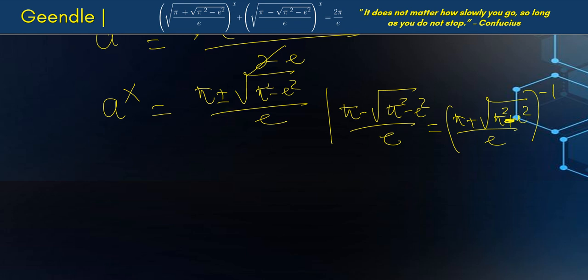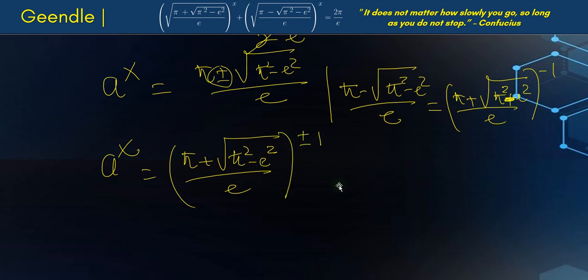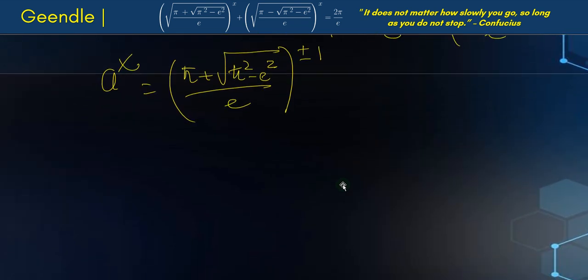So this will change from the bottom to the top. So this is where the magic happens. A is pi plus the square root of pi squared minus e squared divided by e, to the power of plus or minus 1. Now we can replace what our a is, this one here.